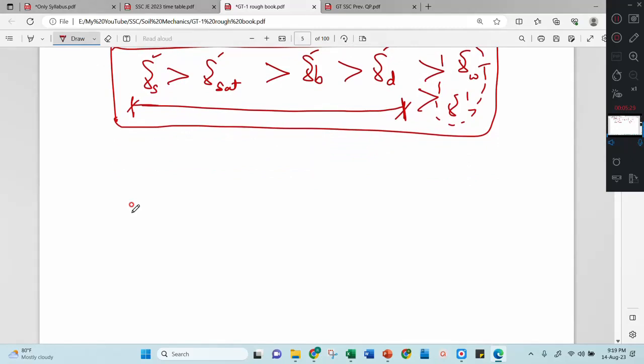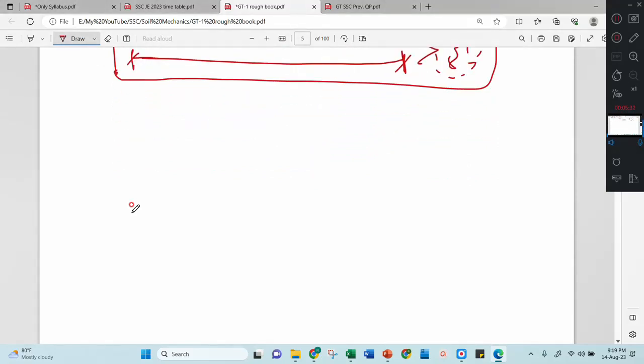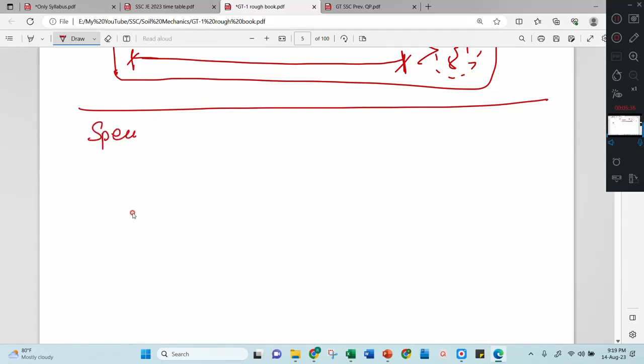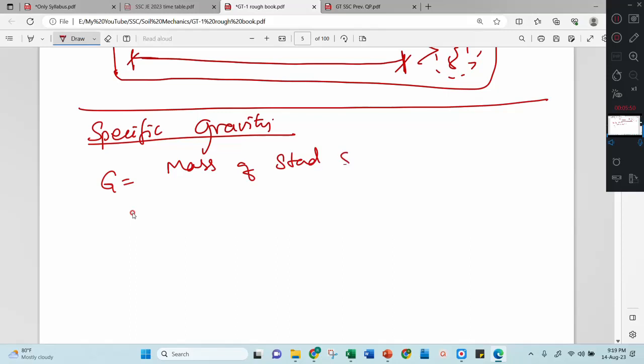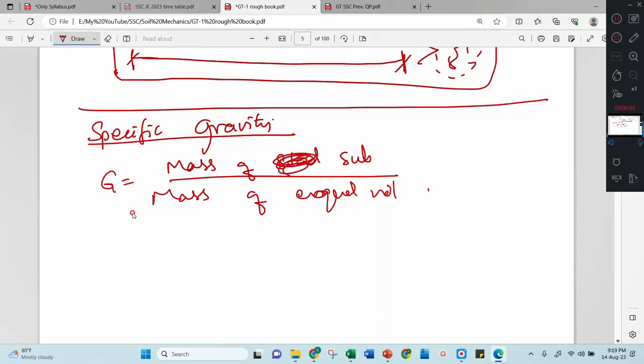Right? Now, after this, we will have another term called specific gravity. Specific gravity, you already know the definition, that is mass of a substance divided by mass of an equal volume of a standard substance.